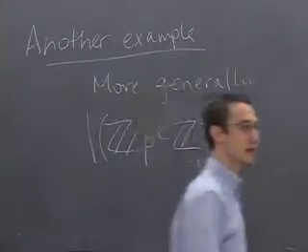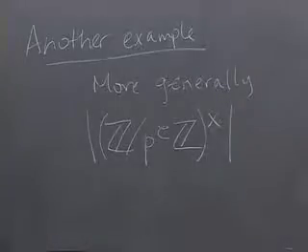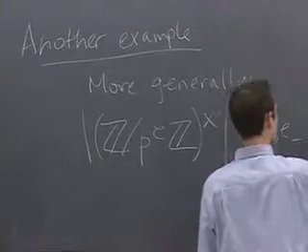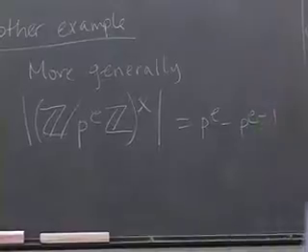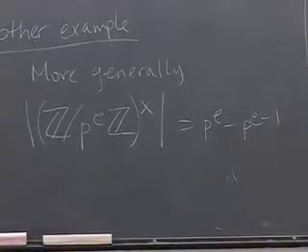Any takers? Yes? It's p raised to e minus p raised to e minus 1. Why? So the answer he gave is p^e minus p^(e-1). Well, that's okay.